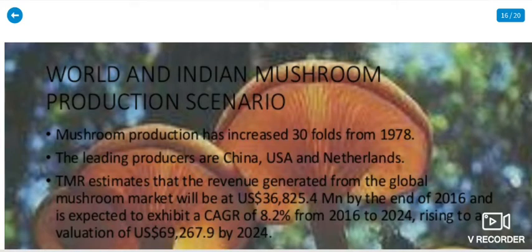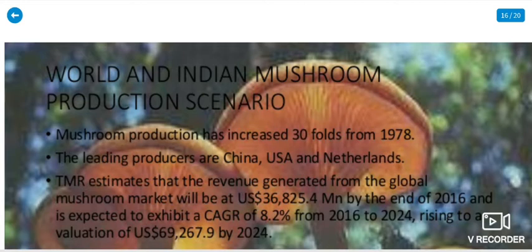The world and Indian mushroom production scenario. The mushroom production has increased 30 fold from 1978. The leading producers are China, America, Netherlands.